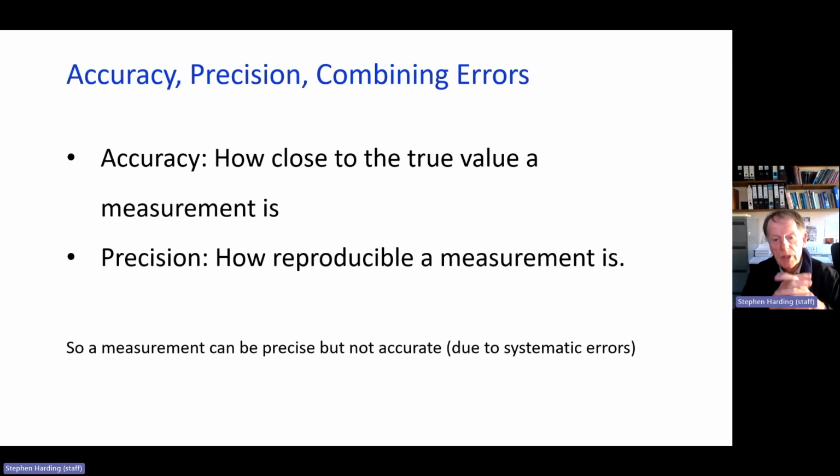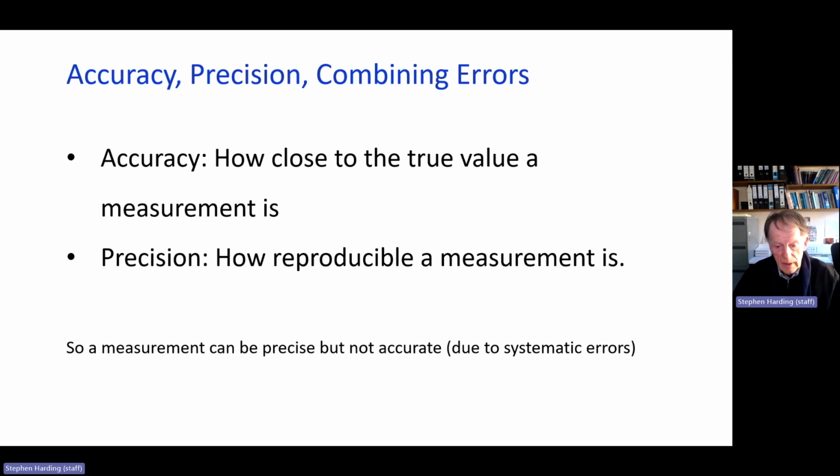How do you combine those two errors together to find out what the error in the density is? Do you take some sort of average of the two errors, or is there a more objective way of doing this? And yes, there is. So we'll be dealing with that.